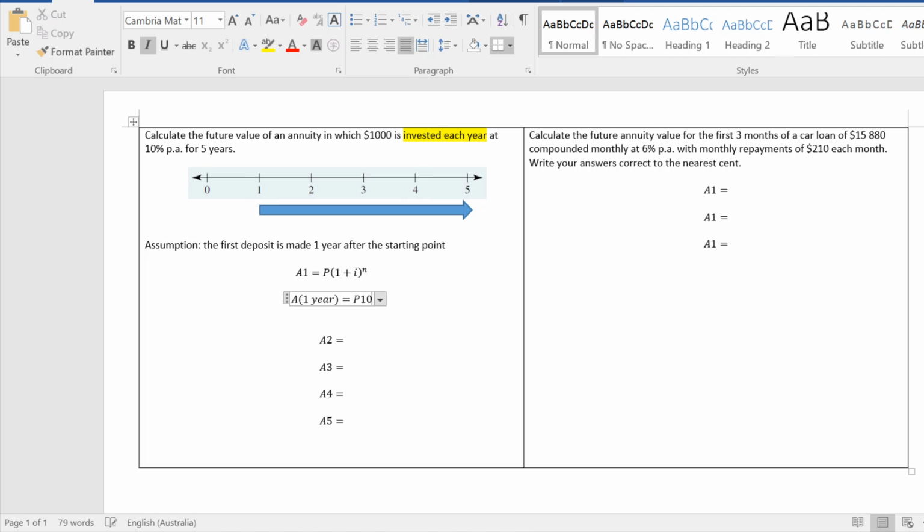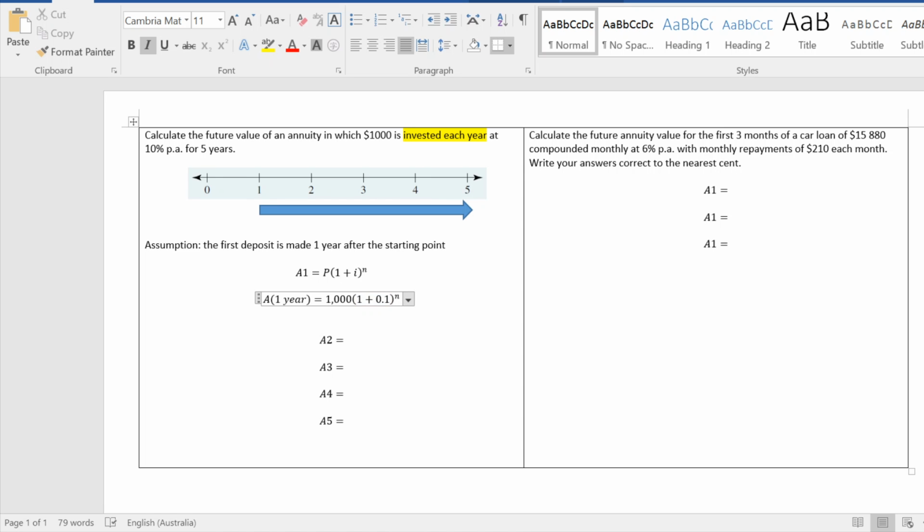Change the principal to 1,000. So it's going to be $1,000 times (1 plus i), where i in this case is 0.1. It doesn't mention a compounding period, so we assume it is yearly.